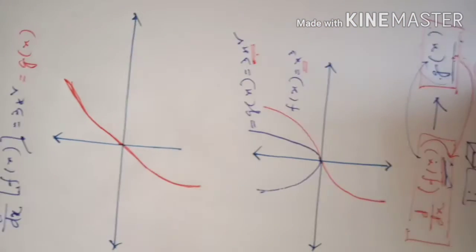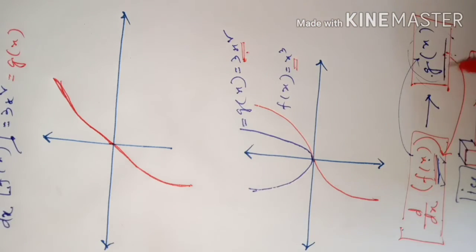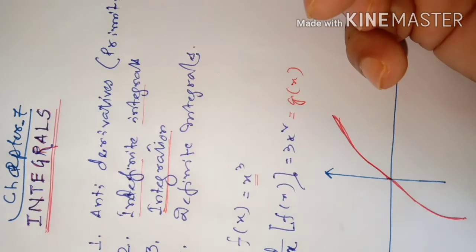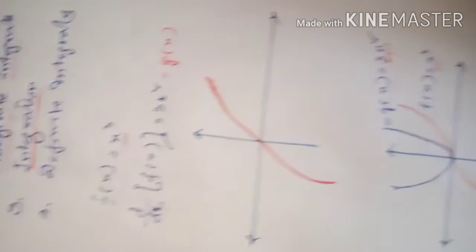This g of x is the derivative. When from the derivative we find the original function, then that function is called the indefinite integral, or integral. I am explaining it like this.